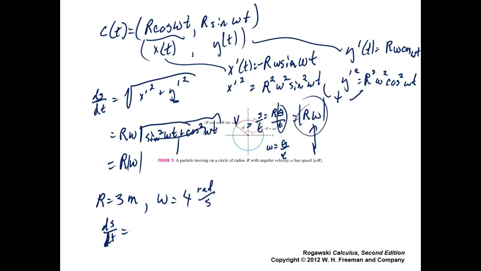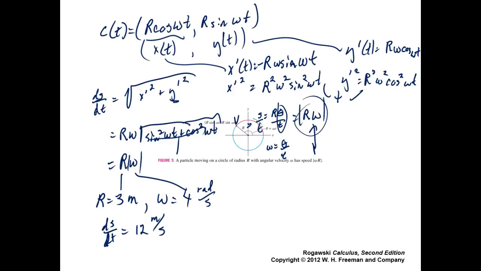Pretty easy to do. 12 meters per second, because radian really isn't a unit. It's just a ratio of two lengths having the same unit, so it doesn't have any units. But we write it there so you get the concept you're talking about, an angular velocity. Okay? That's it. That's pretty simple too, right?